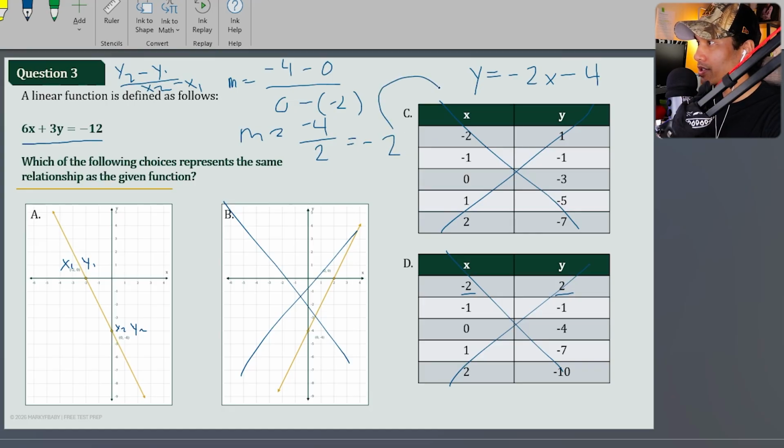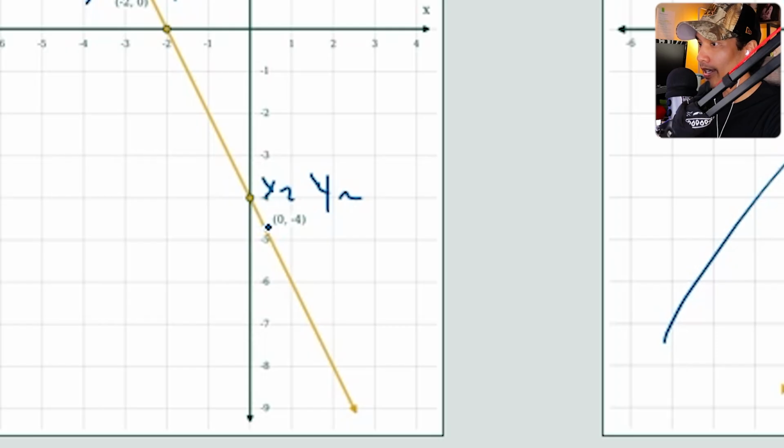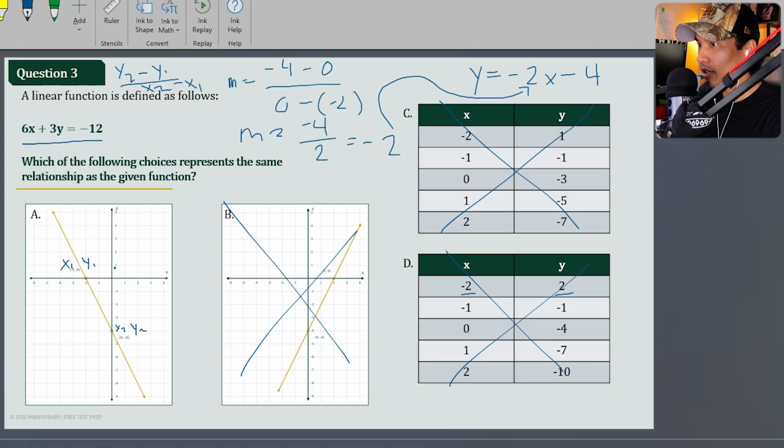And that does match our slope in the equation. Now we just look at our graph and we see that the y-intercept is at 0, -4. And that clarifies that this is the correct answer. The slope and the y-intercept match. So A is correct.